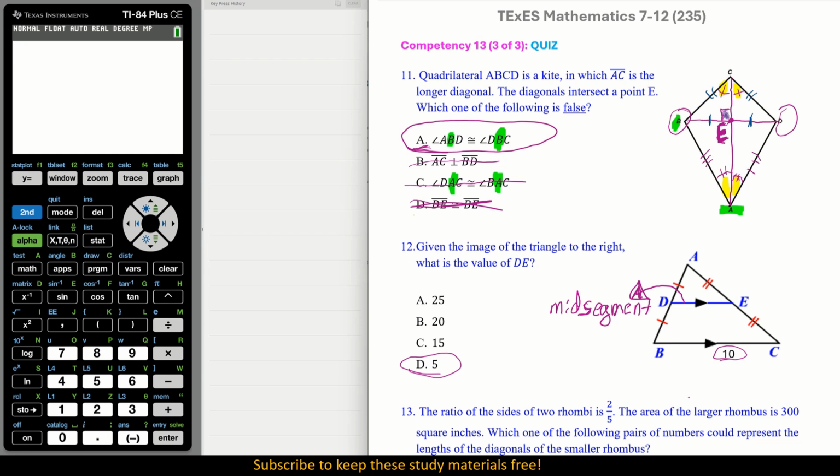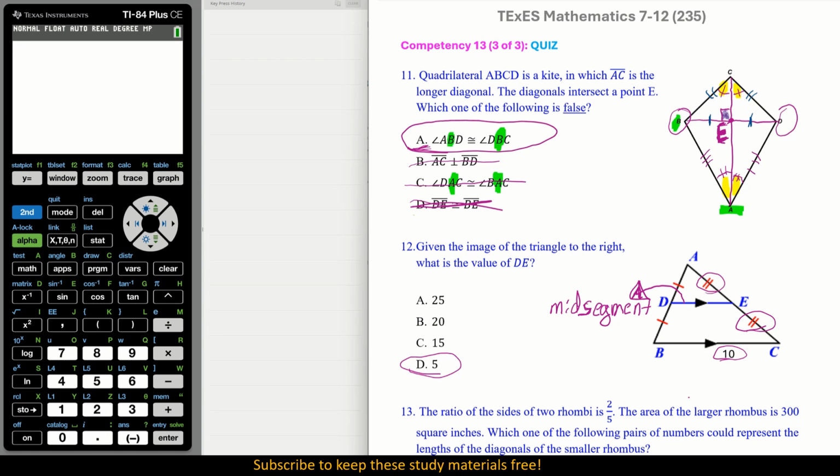But what they've done for me is they've given me these hash marks, tick marks. So that shows me that there are lines of congruency on both sides. So whenever you see that, you know you have a mid segment situation. And that tells me that that's half of my base.